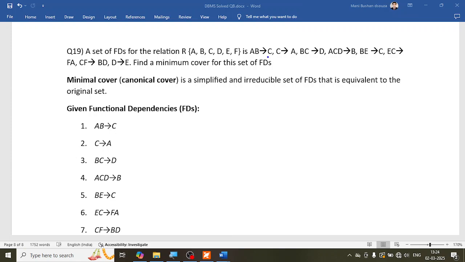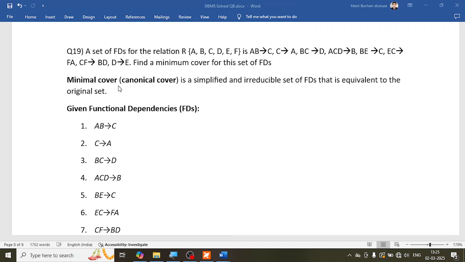If that is possible, then we say that the reduced set of functional dependencies, in which some dependencies are modified or dropped, is equivalent to the original set, and that is the minimal cover, the minimum number of functional dependencies required to achieve the same result.